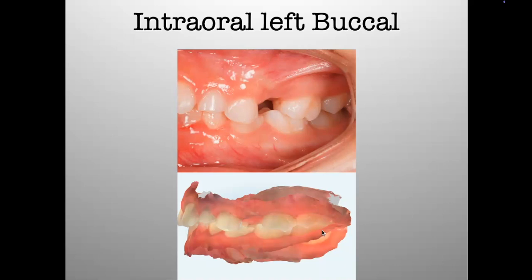What's that? Yeah, because of the shift, right? So if she's shifting, which it appears like she is from everything we've seen so far, then it would make sense that left side would be a little bit more forward, and it would present as a little bit more class 3 on the left side than the right side. And in some ways, that can disguise the amount of forward movement that we may have had with those upper molars and the space that we may have lost. So that's something that we're going to want to check.